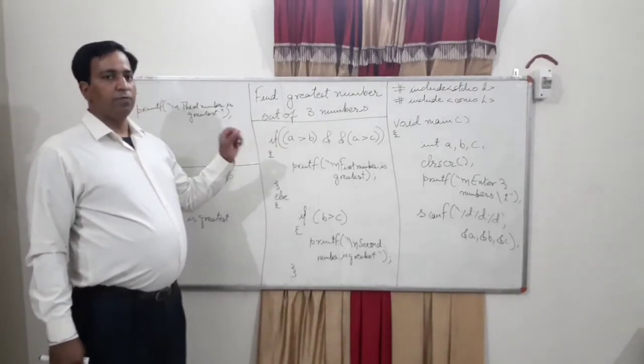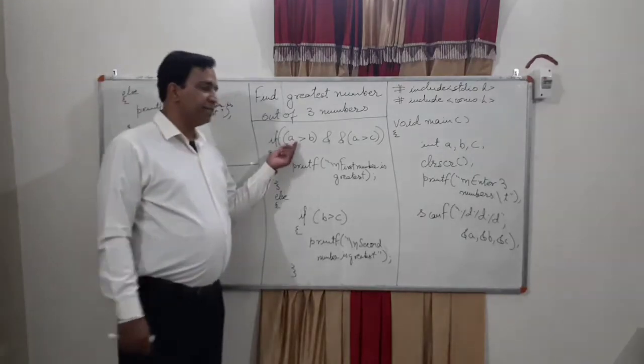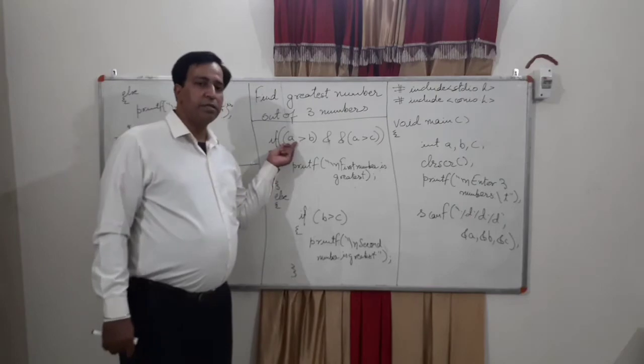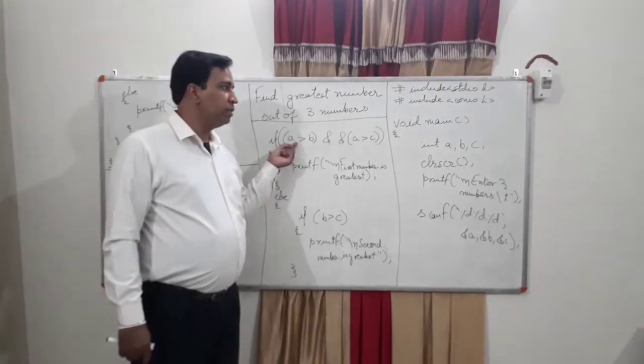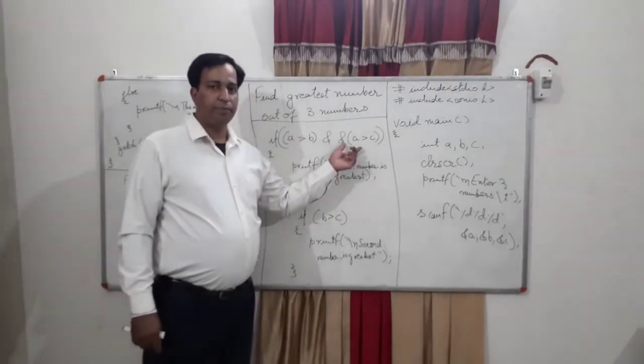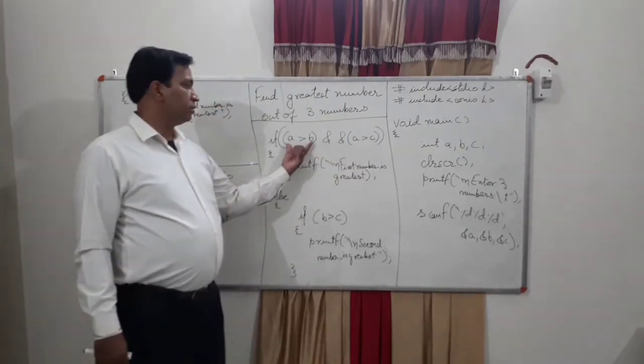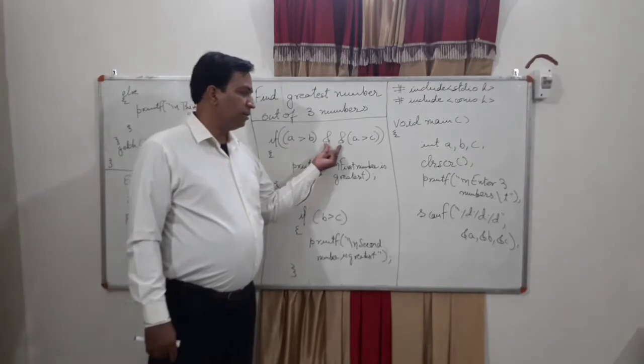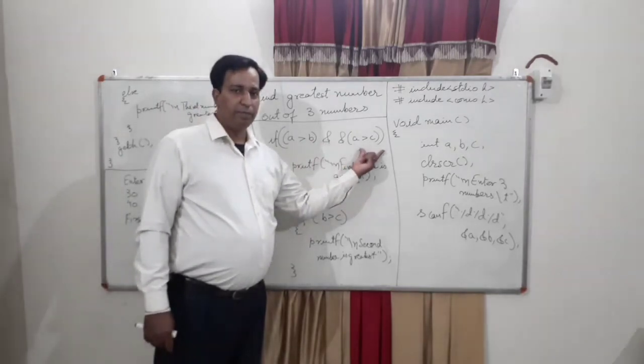Now first number, here I have taken first number a and checking this first number with other 2 numbers, right? Now the expression here is a is greater than b and a is greater than c, right?